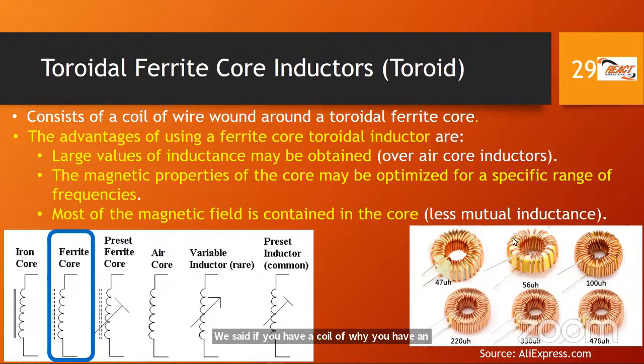That magnetic lines of flux that goes outside will cut other conductors and introduce a current in them, right? So that's mutual inductance. So because you're using a toroidal ferrite core, it keeps most of the magnetic field within the core and less of it escapes or less of it goes outside to interfere with or impinge on another device or another component.